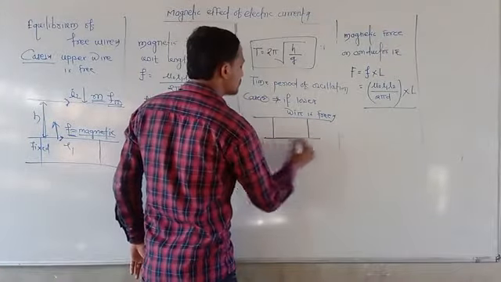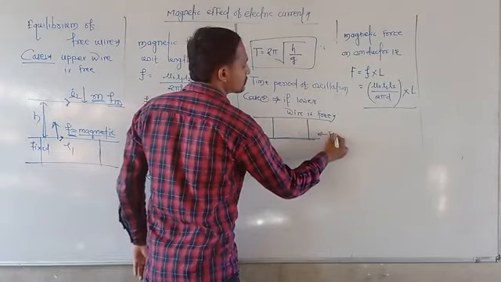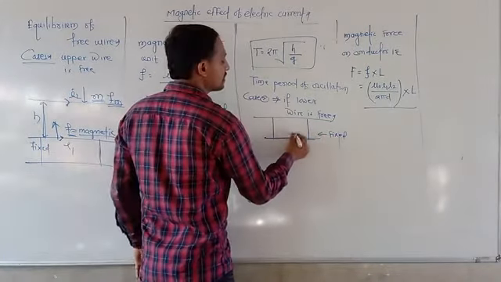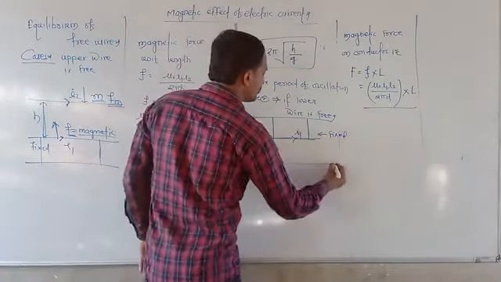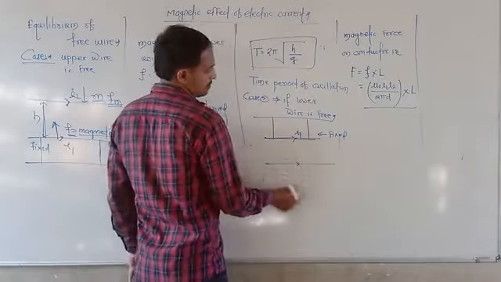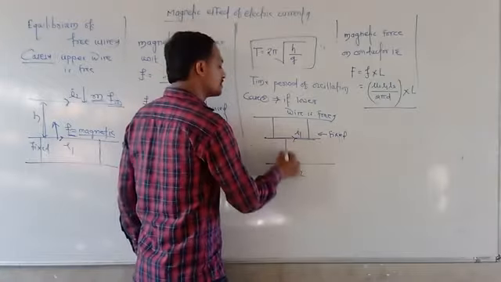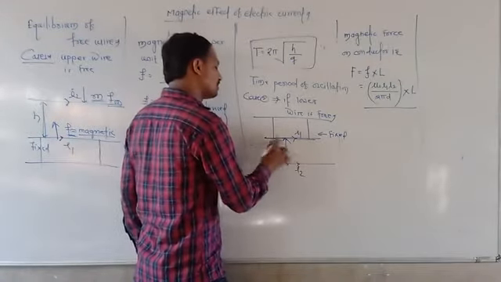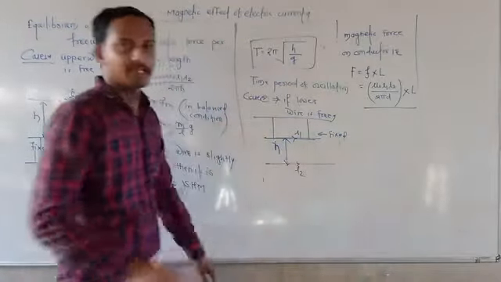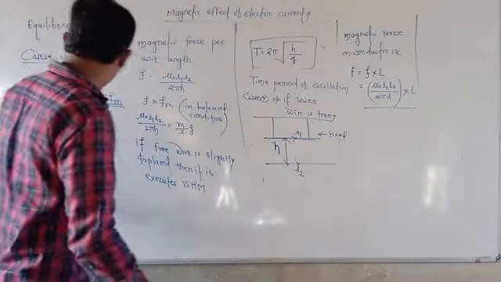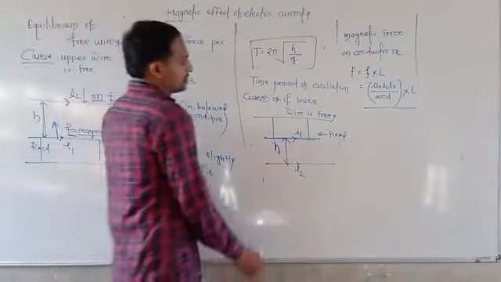The upper wire is fixed, which has current I1, and the lower wire is freely movable, which has current I2. The distance between them is h. So same thing here.